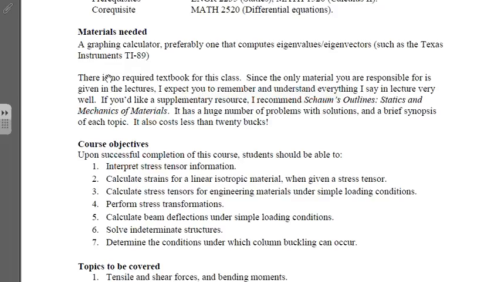And by the end of this class, besides understanding intellectually, I want you to have internalized what these values in the stress tensor and strain matrix tell you. We're going to be able to calculate stresses and strains at points in certain simple engineering applications.